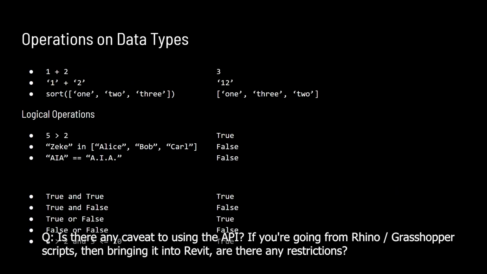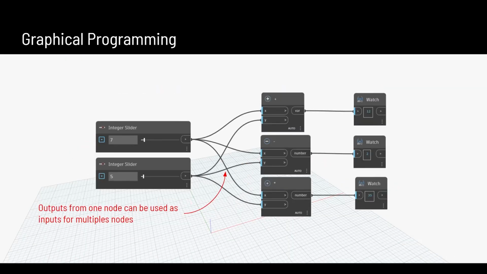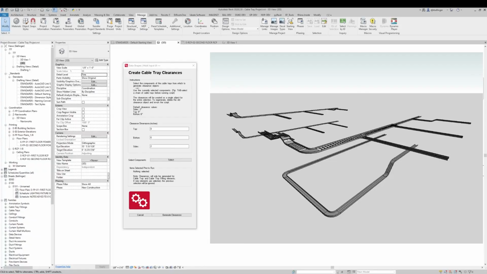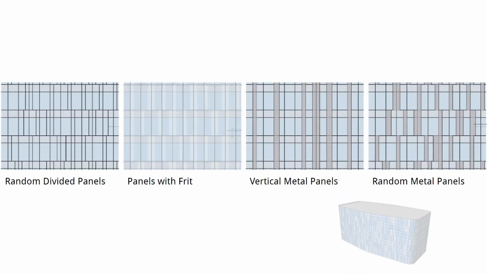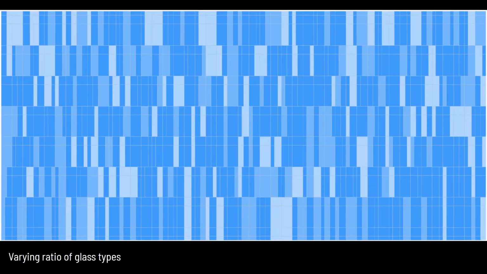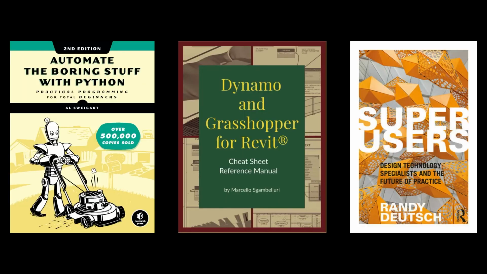No. There might be restrictions depending on exactly how your Grasshopper script works, it might not generate geometry that Revit likes, but there's nothing fundamental about how they interoperate.